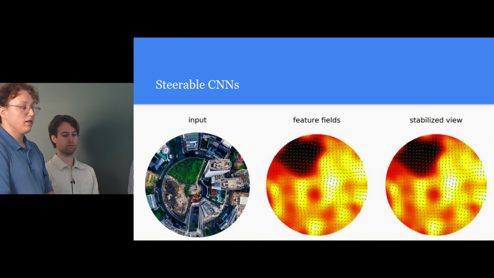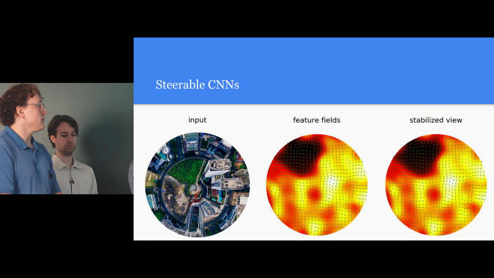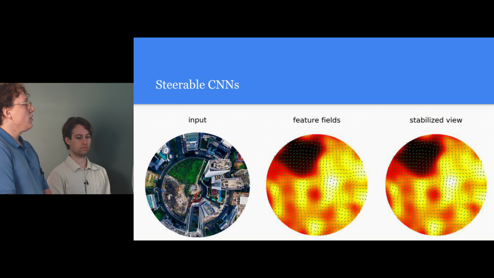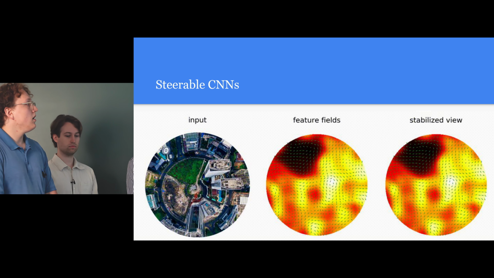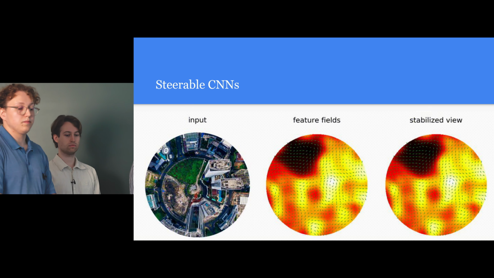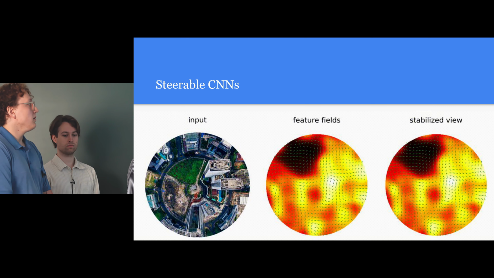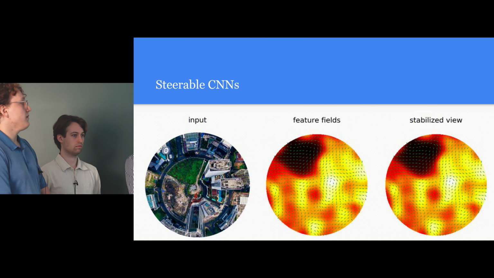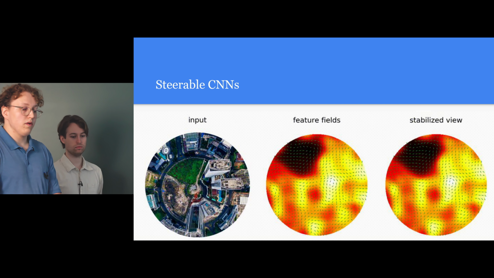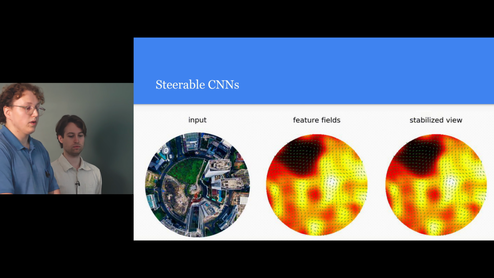In this setting, the feature space consists of two component activations that encode the magnitude and orientation of the edge patterns. And we can see that the vector field is rotating with the angle that we rotate the input image.